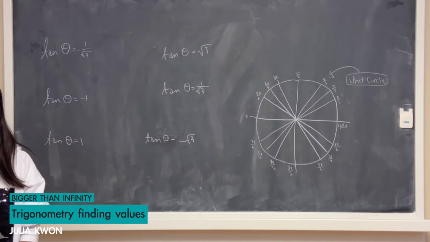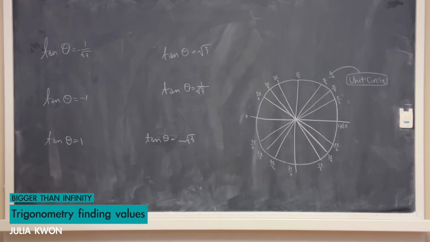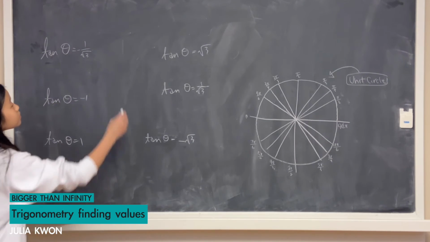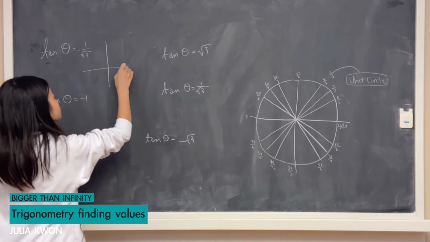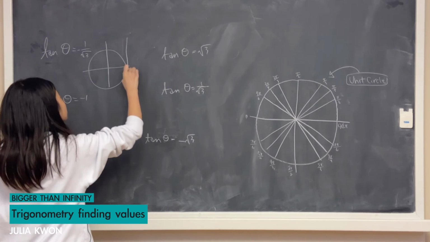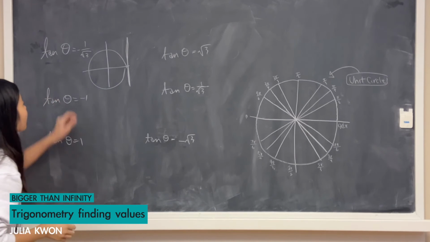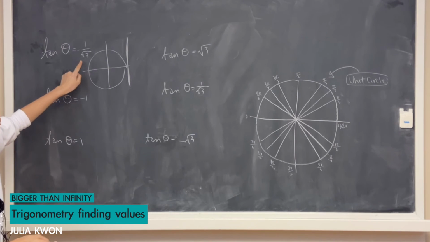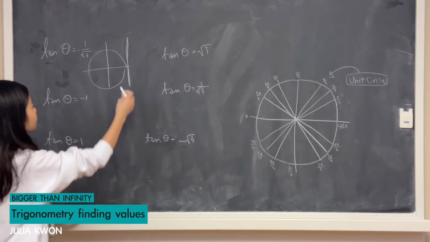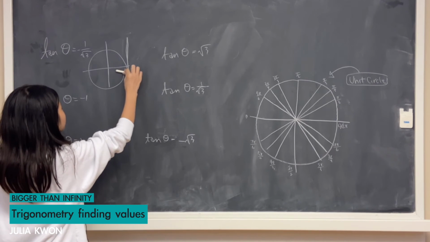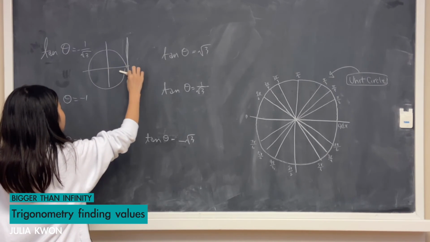Okay, so here are 6 examples for the tangent theta. For the first one here, we have negative 1 over square root of 3, which would be like over here.